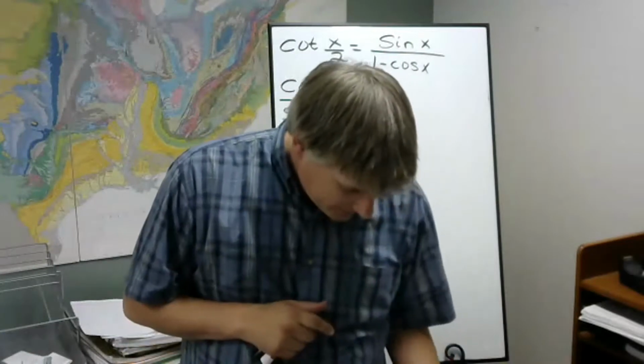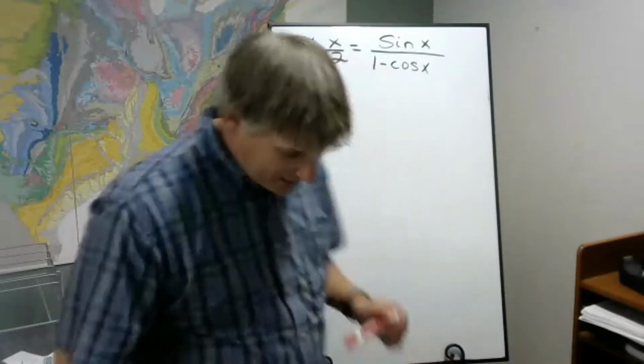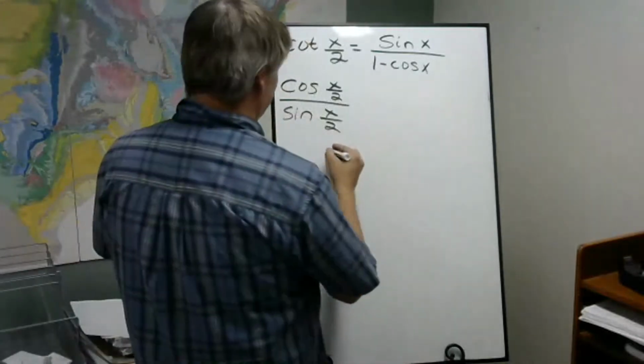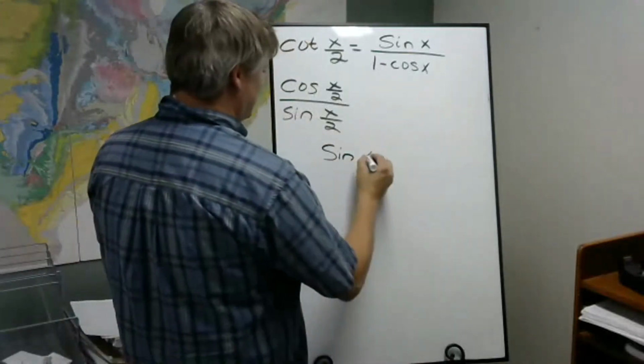So our half angle formulas for sine, this is what's in the text. We use alphas.